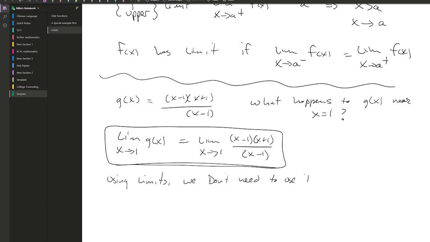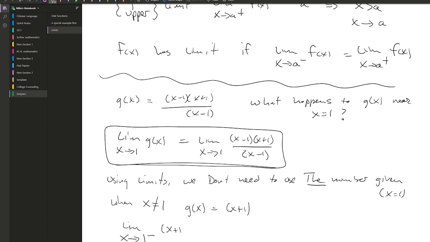In this case, that number is x is 1. So remember, when x is not 1, g of x is just equal to x plus 1. Okay, so now I've got the limit as x goes to 1 from below of x plus 1.